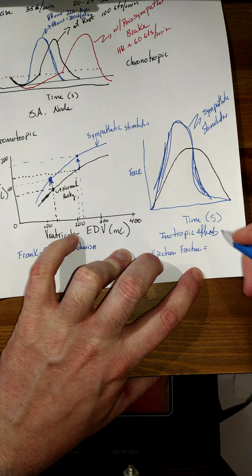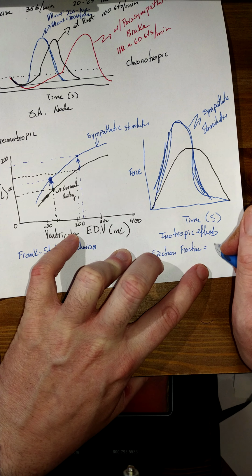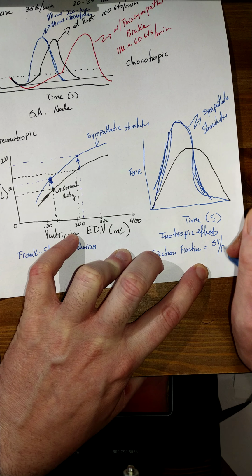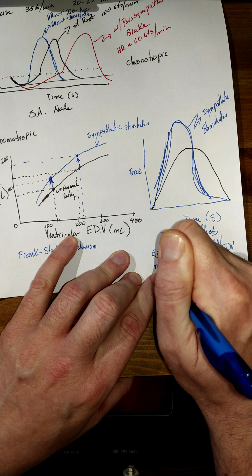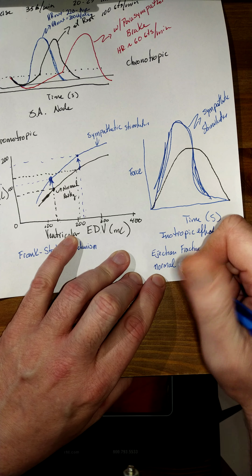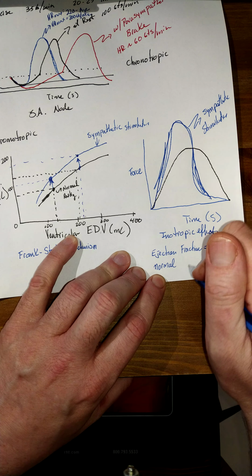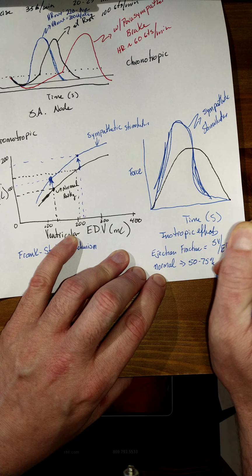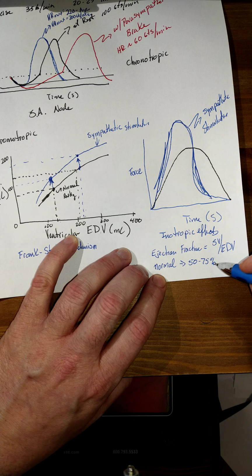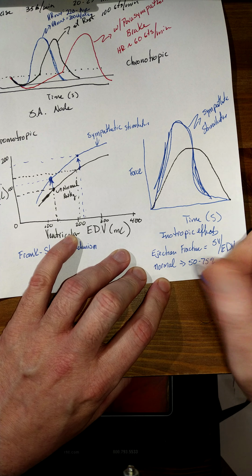So it equals stroke volume divided by end diastolic volume. And under normal conditions, it's going to be between 50 and 75%. And as you're exercising, that will increase.